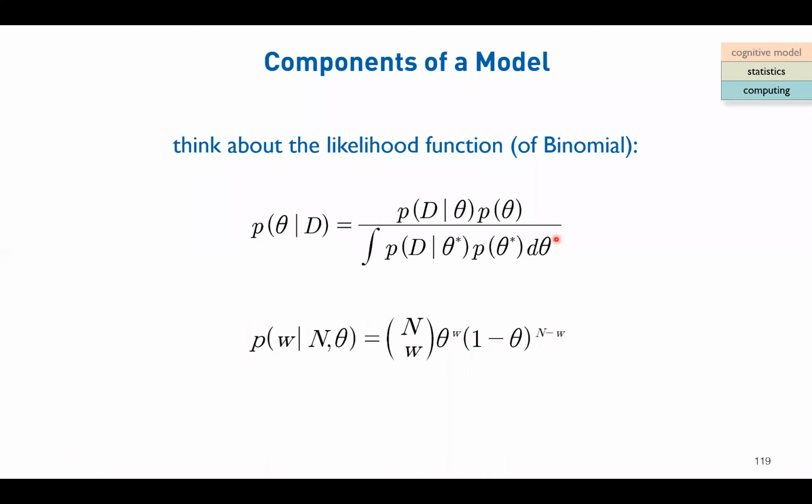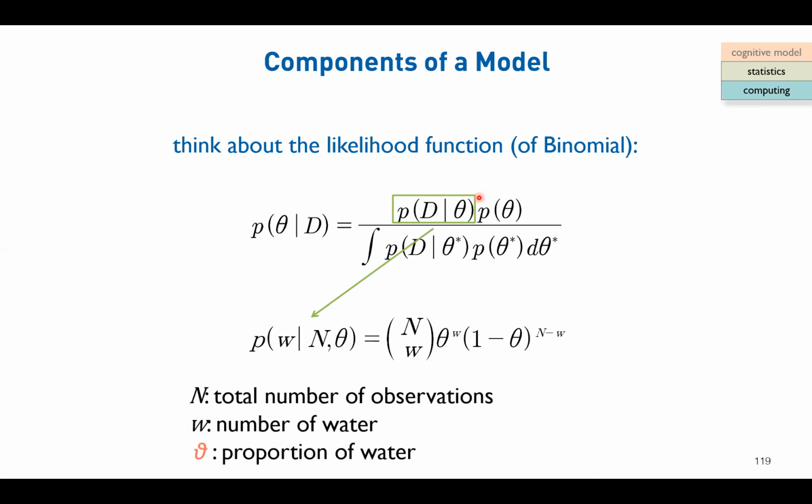And the components of the model are, as I said, the likelihood function, which is the data story. So the likelihood part is the data story. This is the same as the coin flipping example, and here it follows the binomial distribution. In this particular case, this likelihood is a binomial function, okay?